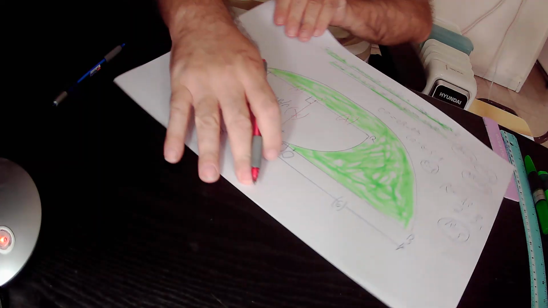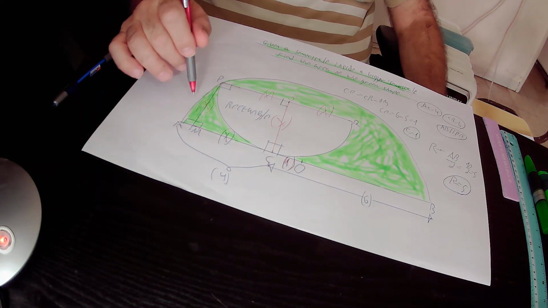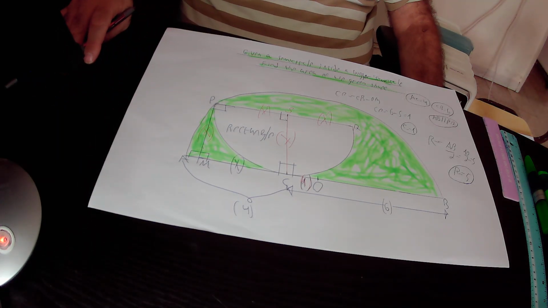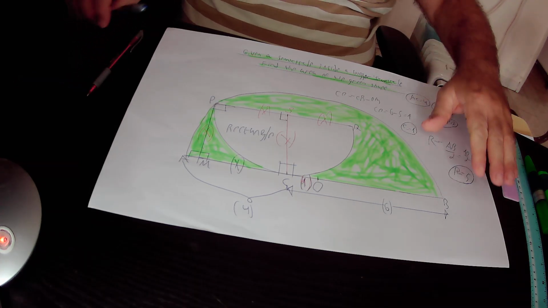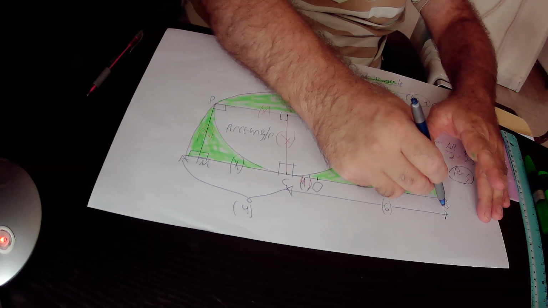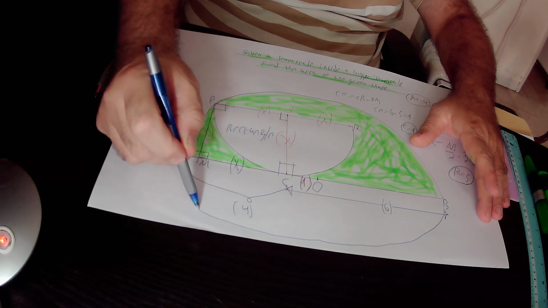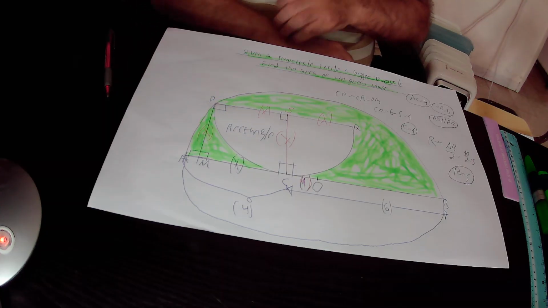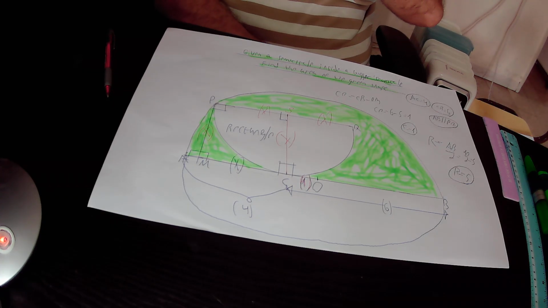In the next step, we'll complete the semicircle to a circle. We don't have enough space on the lower side, so we just consider it as a circle.